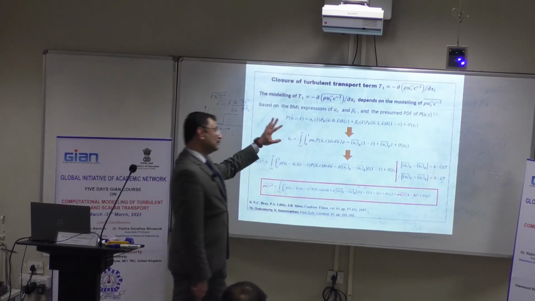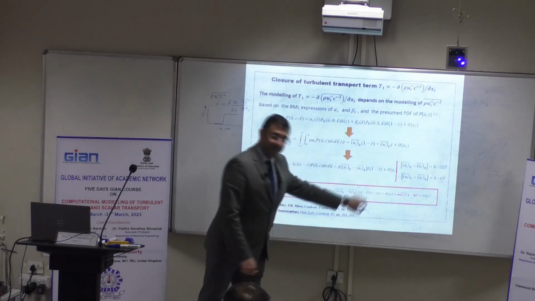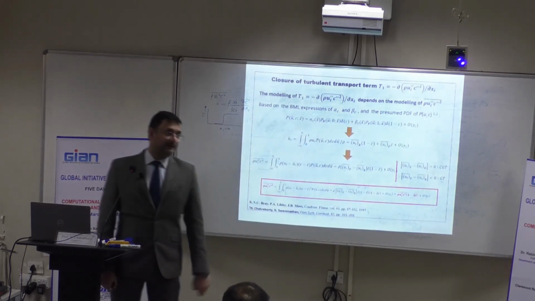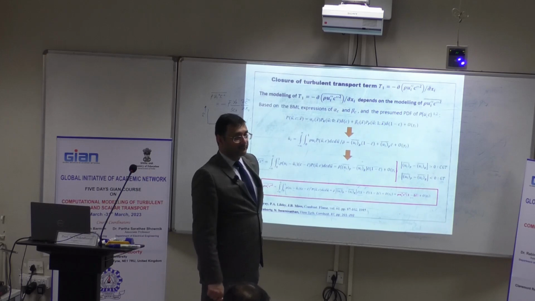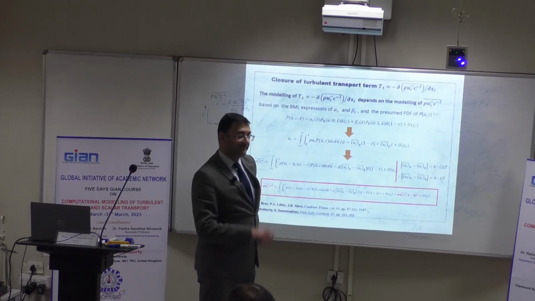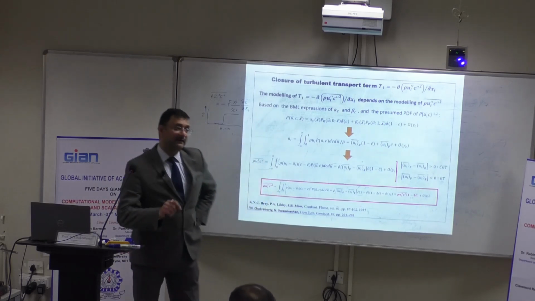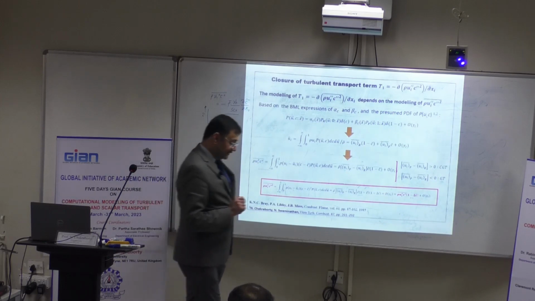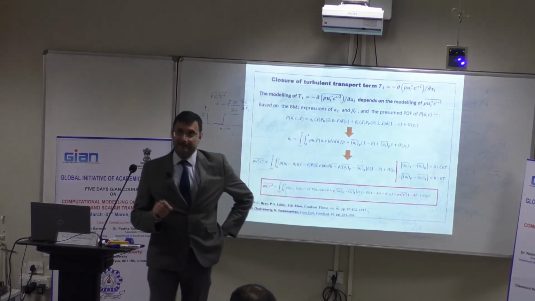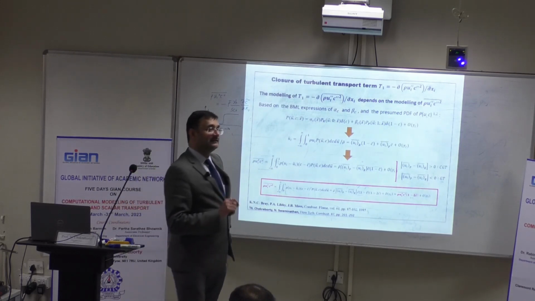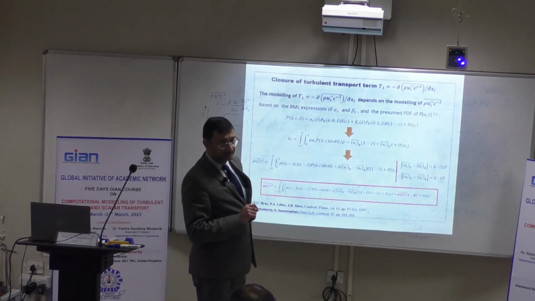And this is one of the major issues in terms of closing turbulent scalar flux in reacting flows. For premixed flames, partially premixed flames, and there is evidence that in the case of non-premixed flames too, you might actually get counter-gradient transfer.